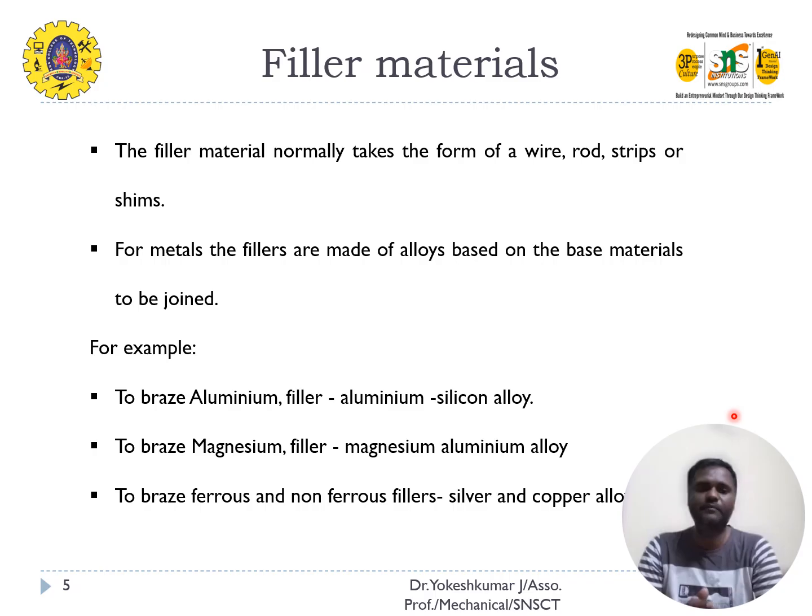For example, if you want to braze aluminum, the filler metal might be an aluminum silicon alloy. If you want to braze magnesium, the filler material should be a magnesium aluminum alloy. If you want to braze ferrous and non-ferrous metals, a silver or copper based alloy is used to join the two metals.